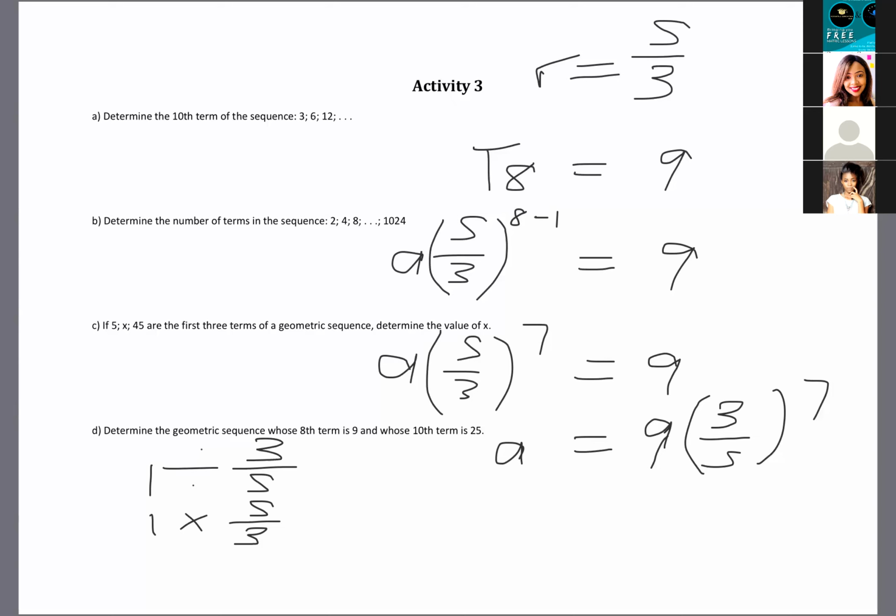When I brought it to the other side, I divided it, and then I just switched my terms. Do you see why now it's 3 over 5? Yes, ma'am. Okay, great.